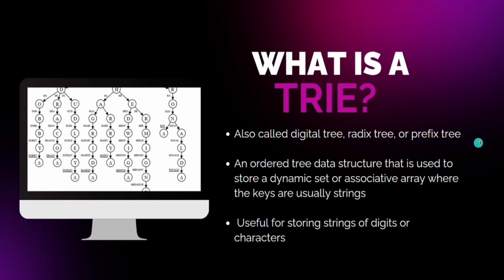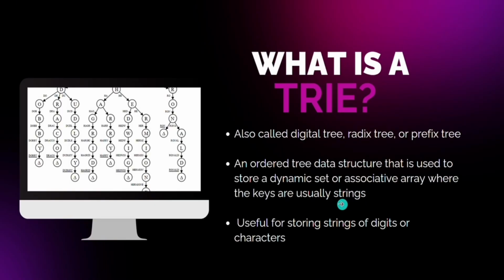So, what is a trie? A trie is also called a digital tree, radix tree, or more commonly known as the prefix tree because its niche is all about prefixes. An ordered tree data structure that is used to store a dynamic set or associative array where the keys are usually strings.